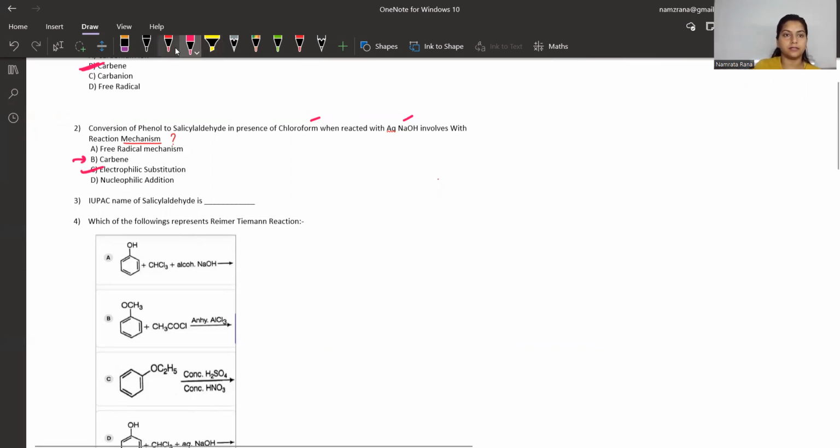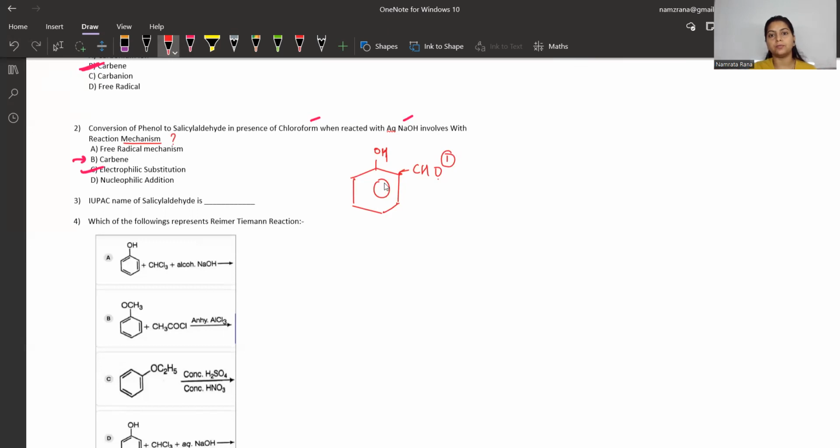Now salicylaldehyde. Salicylaldehyde has a structure with OH and CHO groups at 1 and 2 positions. So you need to prioritize the functional group. Functional group prioritization is this carbon because the CHO group has to be given the priority.